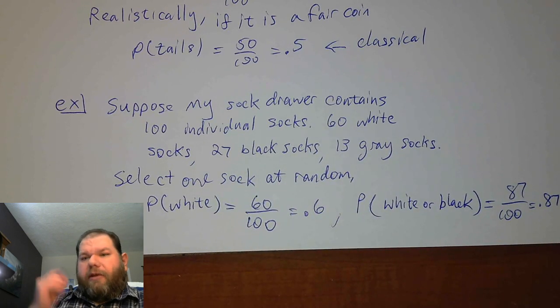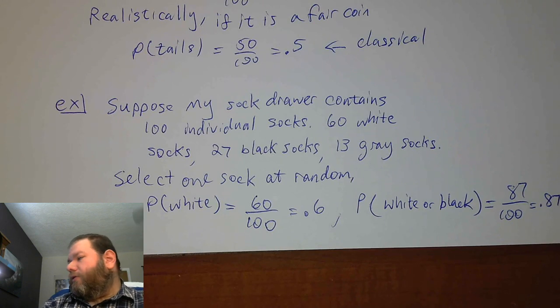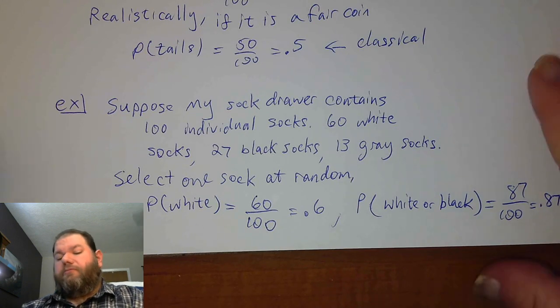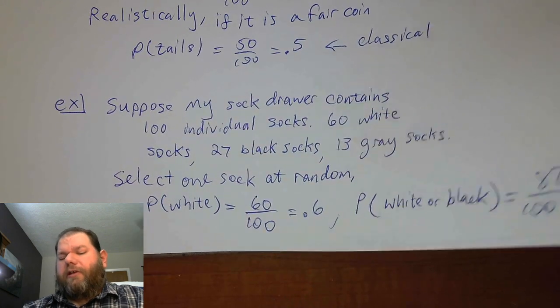It's still that same n of e divided by n of s rule that we talked about before with empirical or observed probabilities. It's just based on each sock being equally likely to be chosen. Which is classical. Yeah, this is actually classical. But it could also be observed.